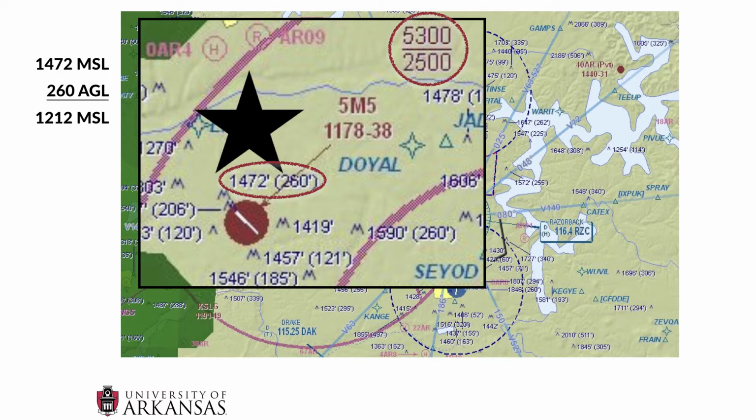The highest altitude we may fly in the area is 400 feet AGL. If we add the field elevation of 1,212 MSL, we see the MSL altitude we may not exceed is 1,612. Since 1,612 feet MSL is less than or below the 2,500 foot shelf, we can fly in this area.